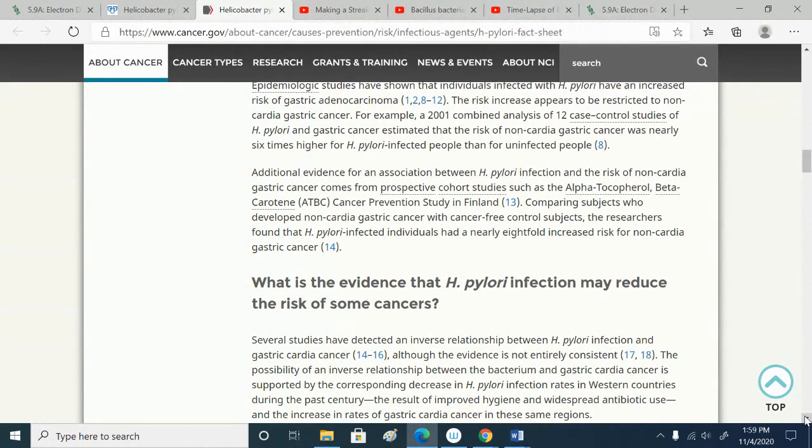But as our world changed, as our environment, our lifestyles, our diets changed, having Helicobacter was no longer beneficial. Or the use of antibiotics may have really screwed up Helicobacter colonization. So we just don't know.